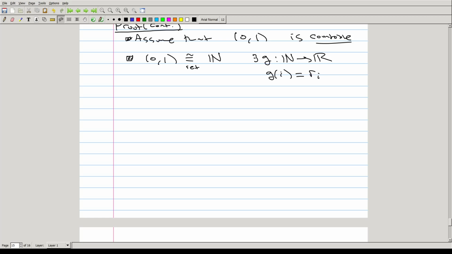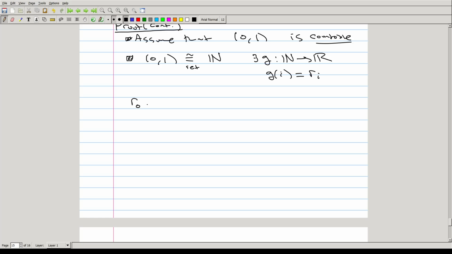So we can effectively list out all of the real numbers in the open interval from 0 to 1 in an infinite list, where each one of the real numbers is an element of a countable set.